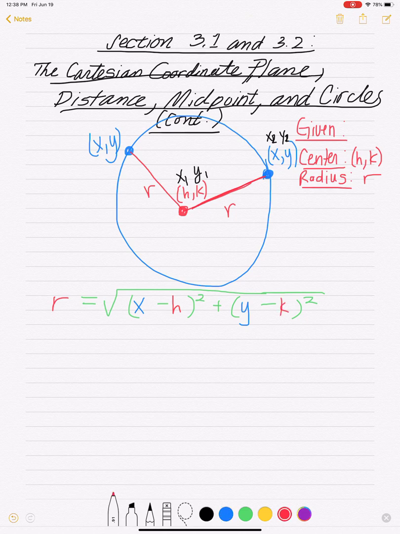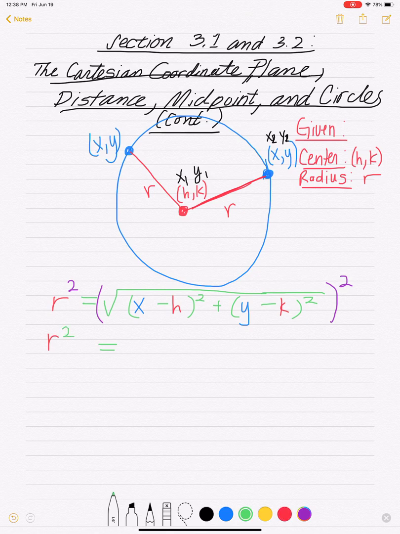All right, now I don't like that big old square root, so if I want to get rid of that big old square root, what can I do to both sides? I can just square both sides of the equation. Right, we saw that when we were solving radical equations. So on the right-hand side, I'm going to drop the square and the square root. So, on the left-hand side, we have what? R squared. So we got R squared on the left.